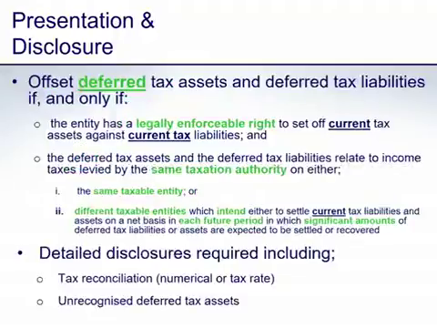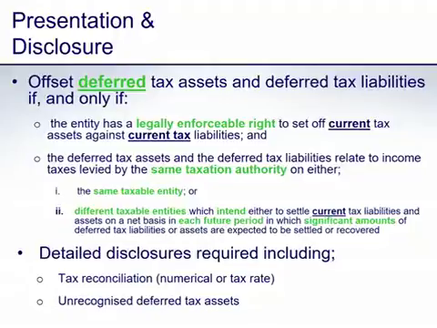From the deferred tax perspective, these balances would only be offset if the entity has a legally enforceable right to set off current taxes, and the deferred tax assets and deferred tax liabilities relate to income taxes levied by the same tax authority on either the same taxable entity or once again on different taxable entities where there's an intention to settle net, where that is in fact permissible.